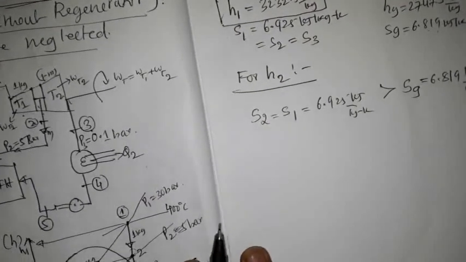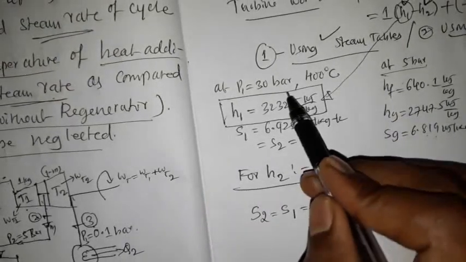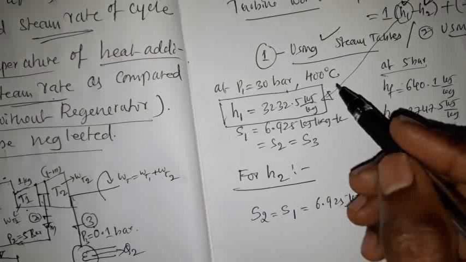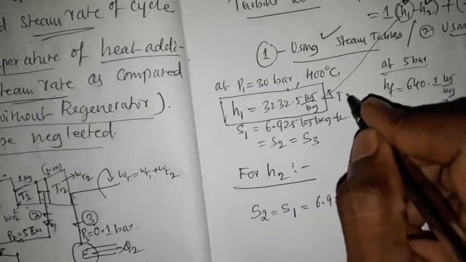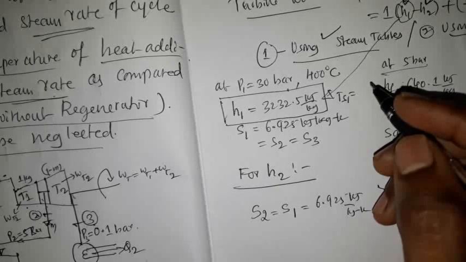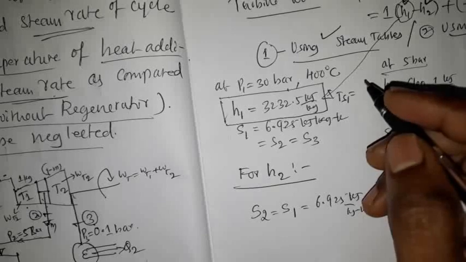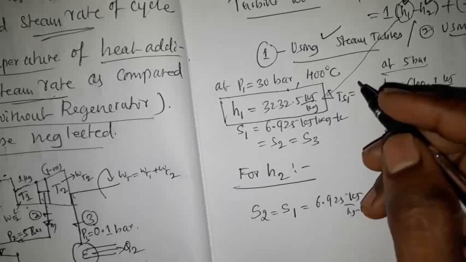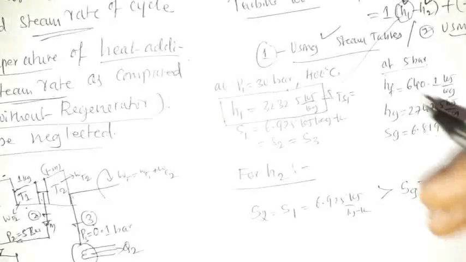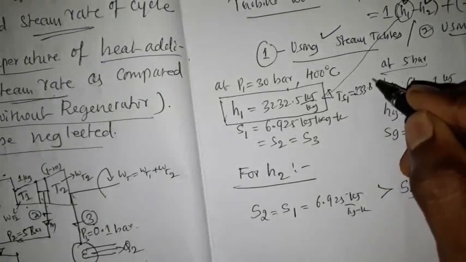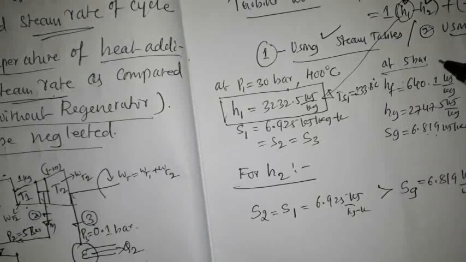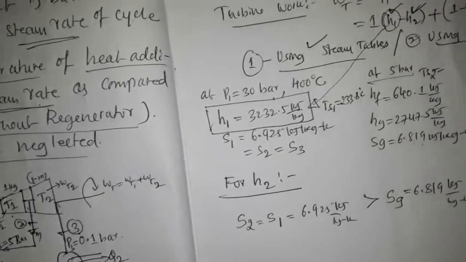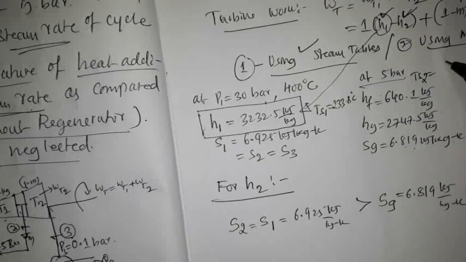Now here at 30 bar we have the saturation temperature, that is Ts1, from the steam table, that is 233.8 degrees Celsius, and we have Ts2 from the steam table, that is the saturation temperature at 5 bar, 151.86 degrees Celsius.